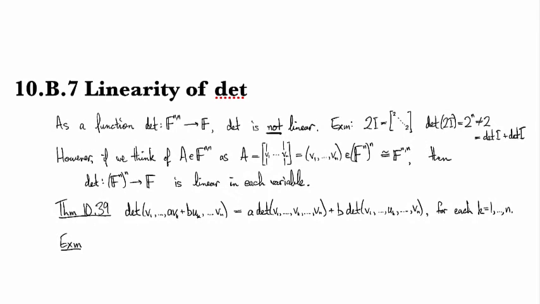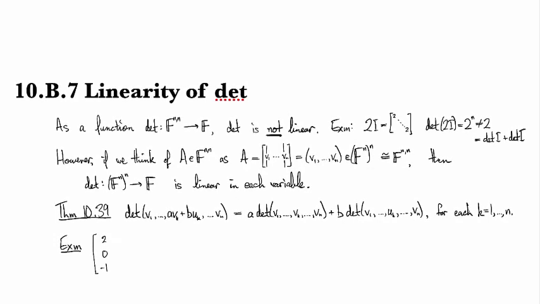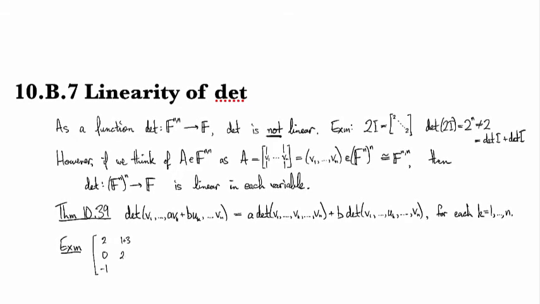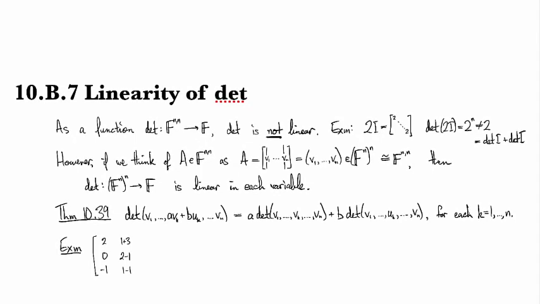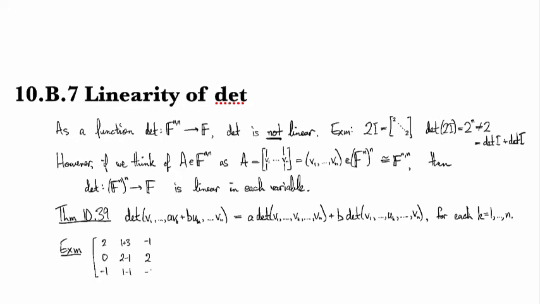Okay, so let's look at an example. We'll take this matrix with first column 2, 0, minus 1, the middle column I'll write as 1 plus 3, 2 minus 1, and 1 minus 1, and the third column as minus 1, 2, minus 2.